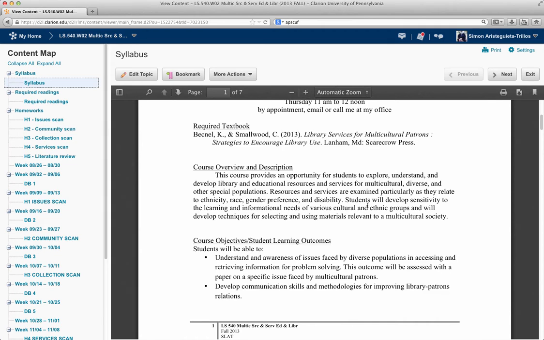So we have to have the services, the programs, and the collections to serve every population, every patron. Why? Because it is in the ethics of the profession to provide the same level of service to every member of the community that we serve, be that an academic library, a public library, or a school library.